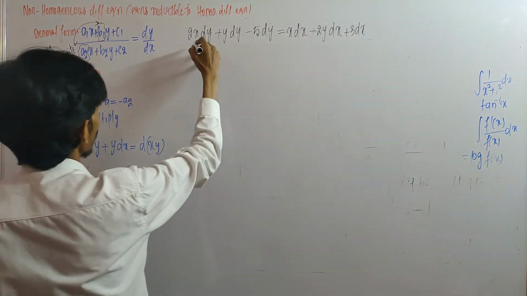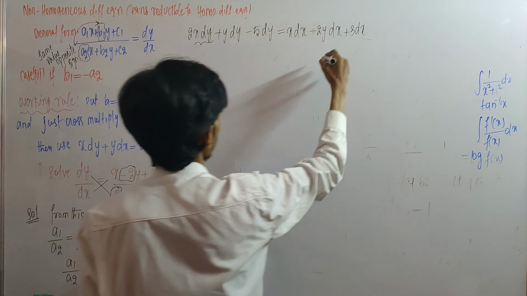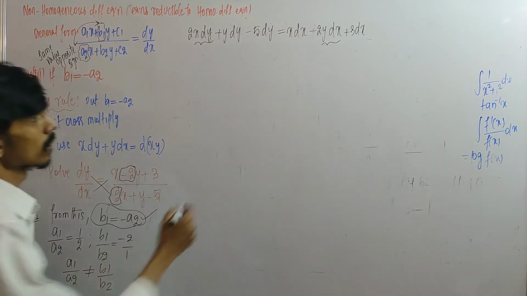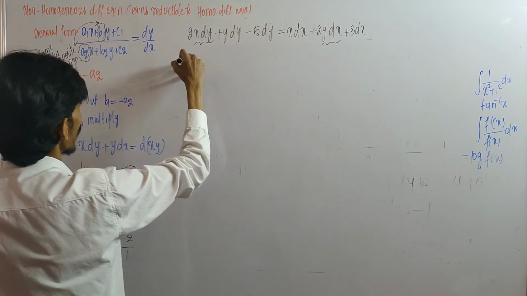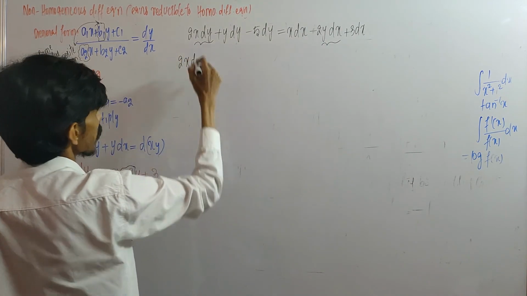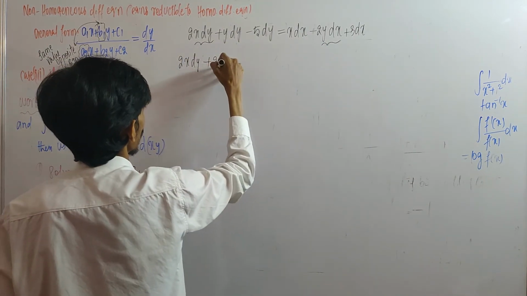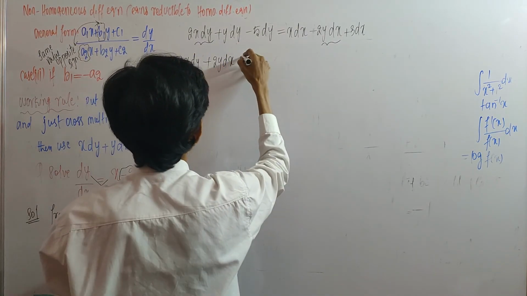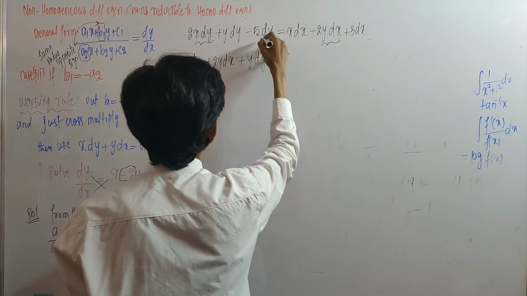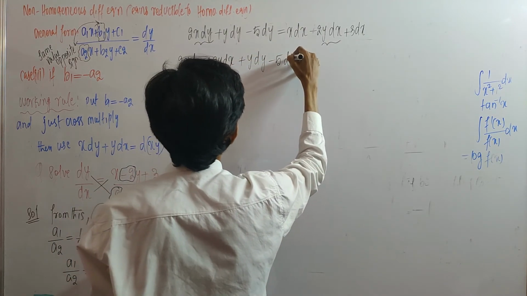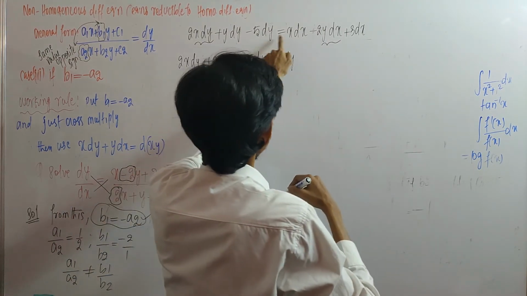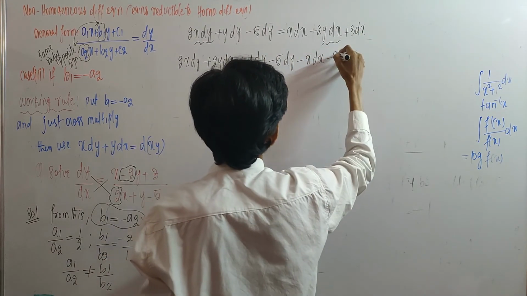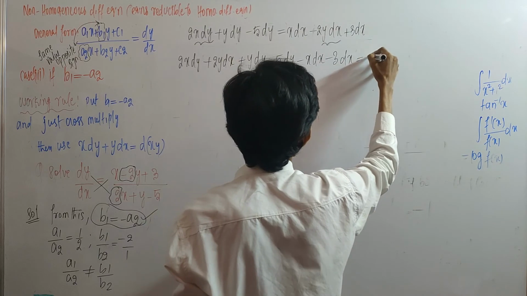Now here we have x dy and y dx. Take this term here: we have 2x dy, this term, plus this 2y dx. Next we have plus y dy minus 5 dy. Take this here, it will become minus x dx. This will become minus 3 dx is equal to 0.